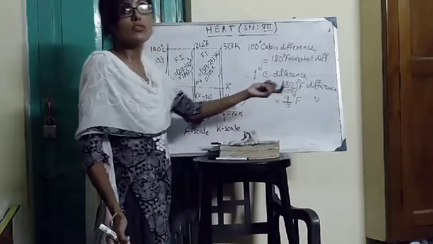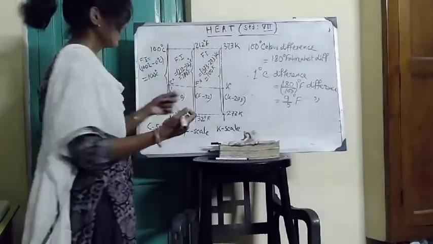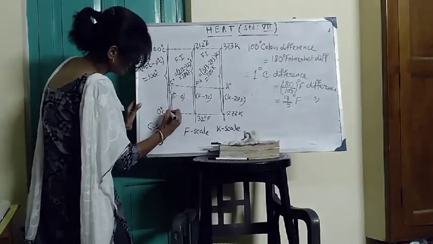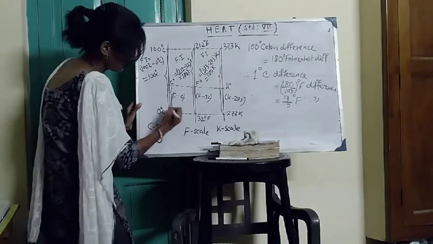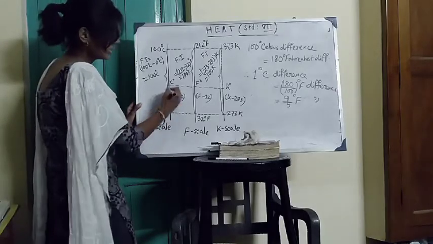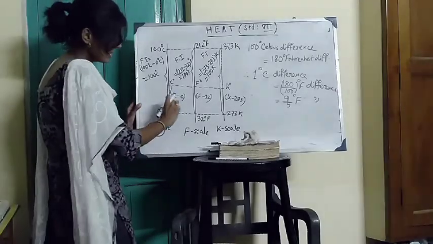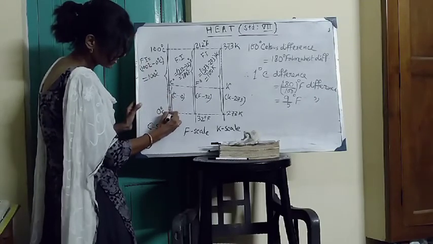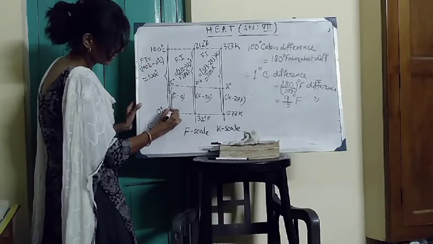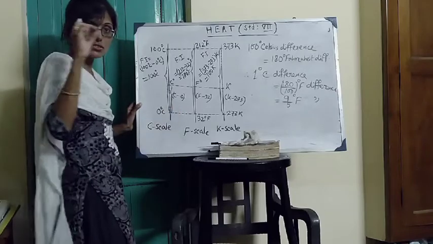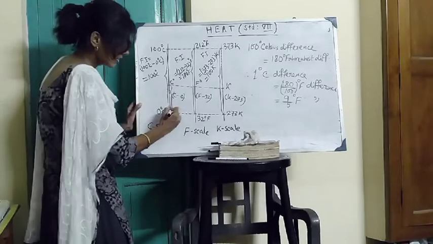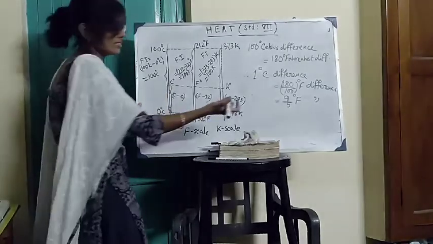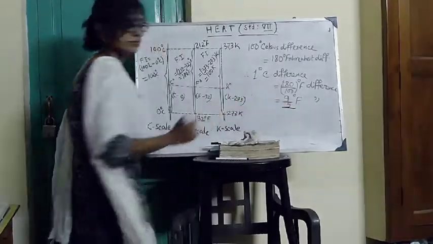So what is the meaning of 1 degree Celsius difference? If we calibrate the thermometer, this is 0 degree, this one is 1 degree, 2 degree and so on. If we measure the difference between the two successive readings of Celsius scale, 0 and 1, the corresponding difference in Fahrenheit scale is 9 by 5.